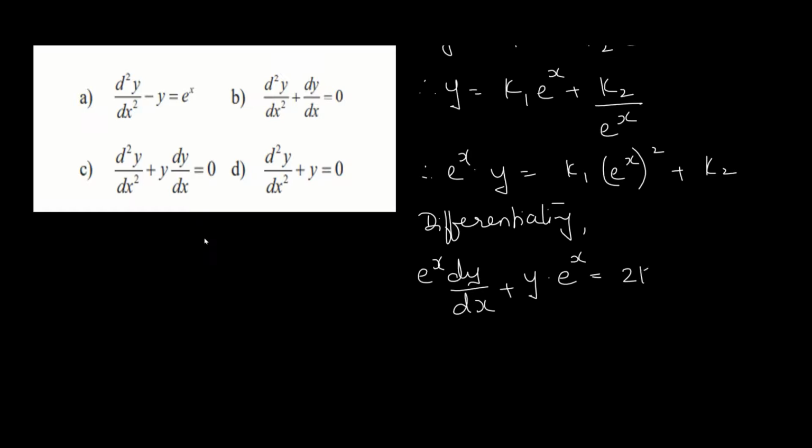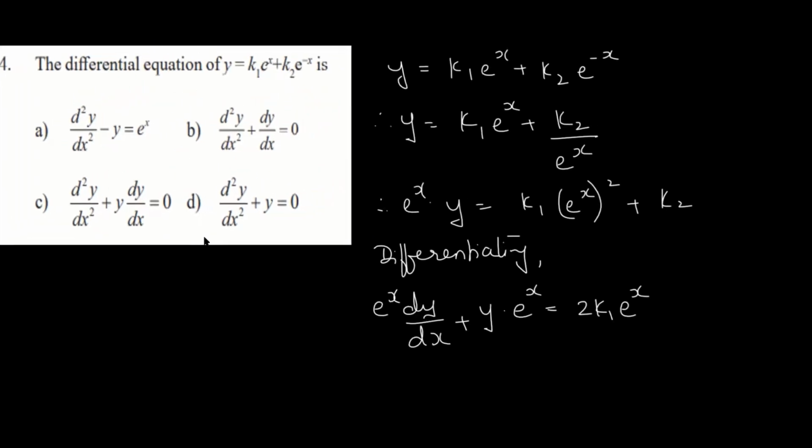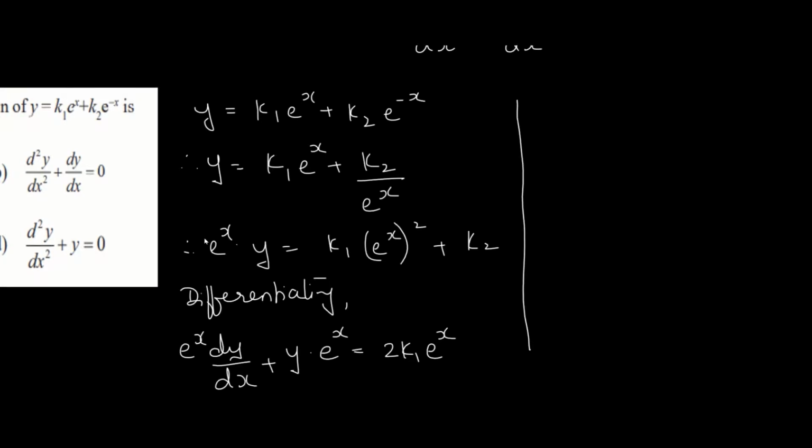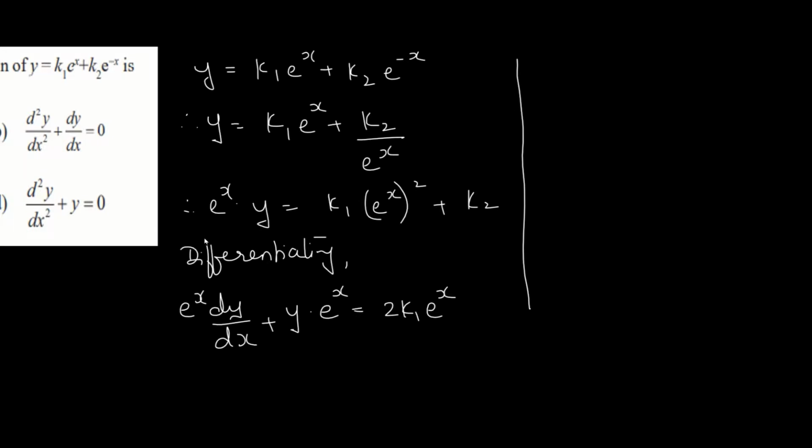So here we get 2k1 e raised to x, and k2 being a constant becomes 0. So k2 goes away. Now e raised to x being common on both the sides, we can cancel all the e raised to x from the LHS as well as from the RHS. And therefore we are going to get dy by dx plus y is equal to 2k1.